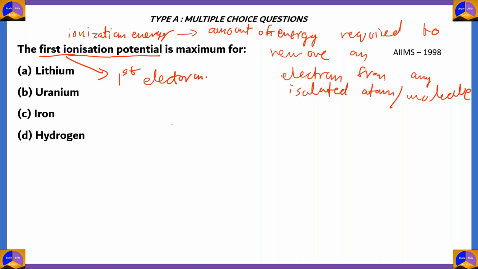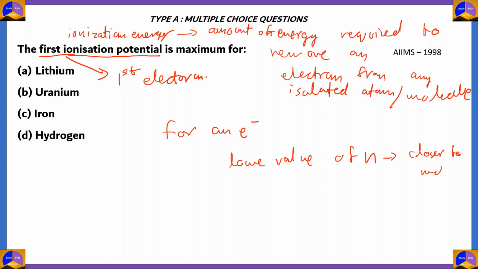Now, when it comes to electrons, the lower value of the shell number or the principal quantum number, which is represented as n, would give you the idea that the electron is closer to the nucleus. And when it's closer to the nucleus, it is more attracted towards the positive center.